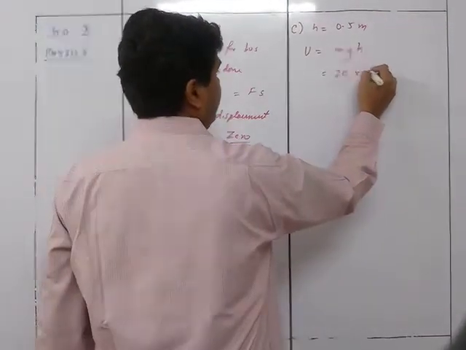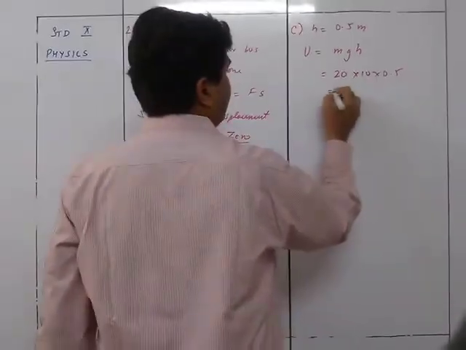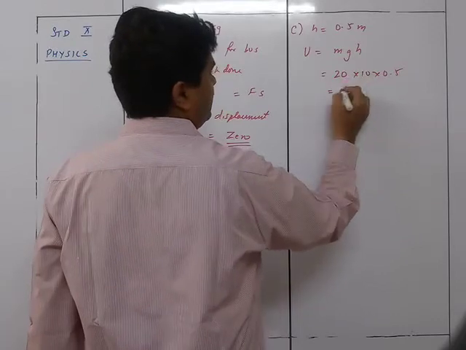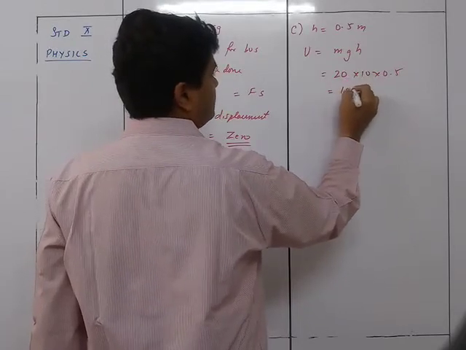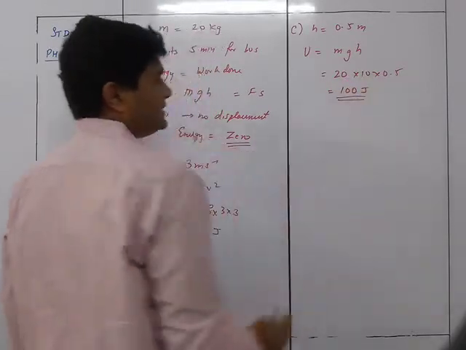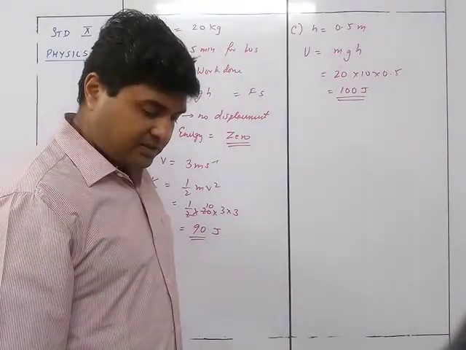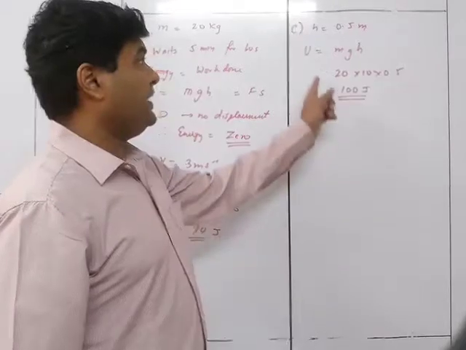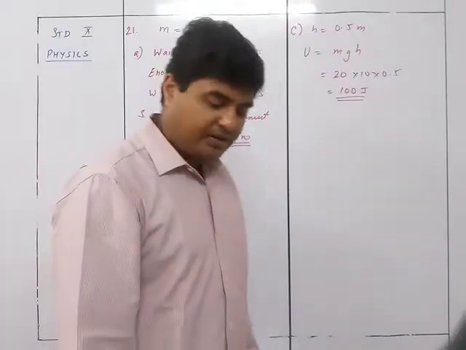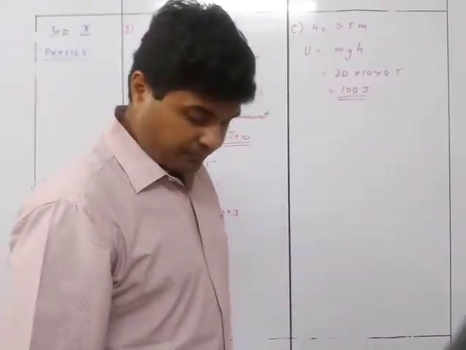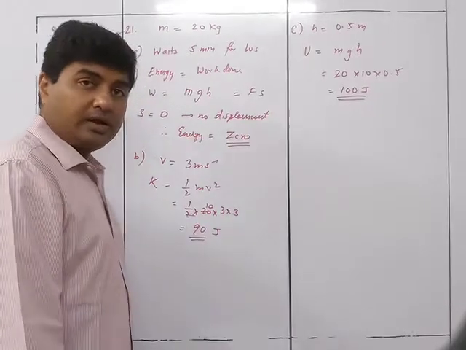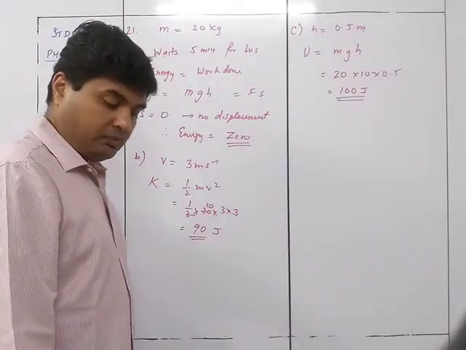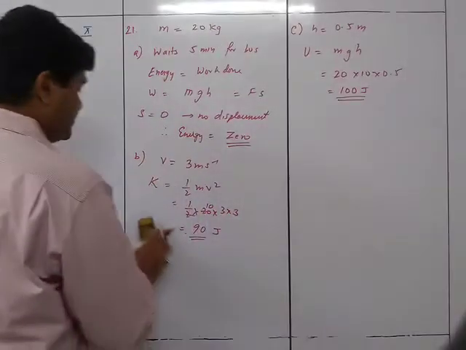So it is 10 into 0.5. That is going to be 100 joule. So that's the third answer. That is the energy gained by the box when he is placing it at a height of 0.5 meters in the bus is 100 joule. Clear? We move on to the second last question, sum number 22.